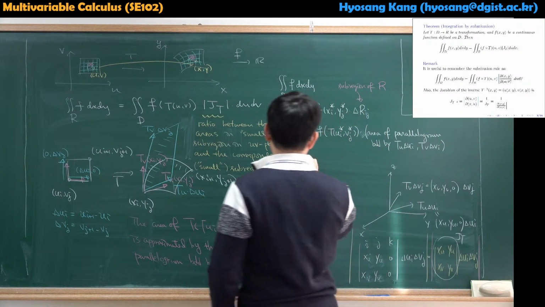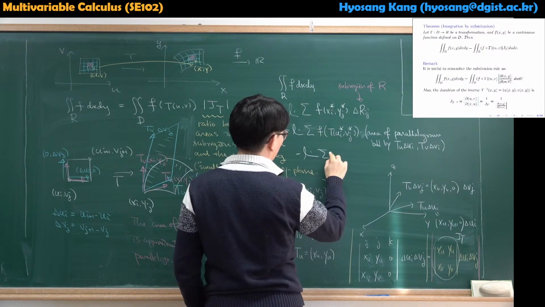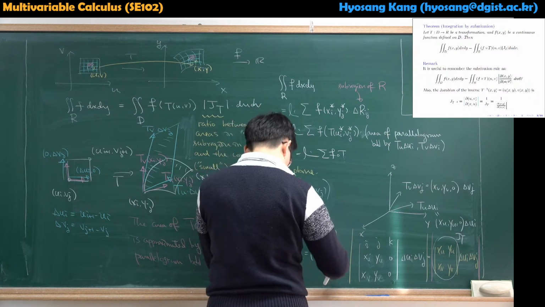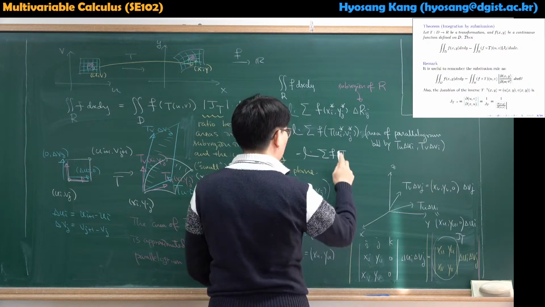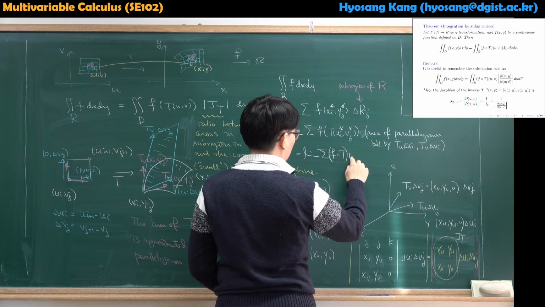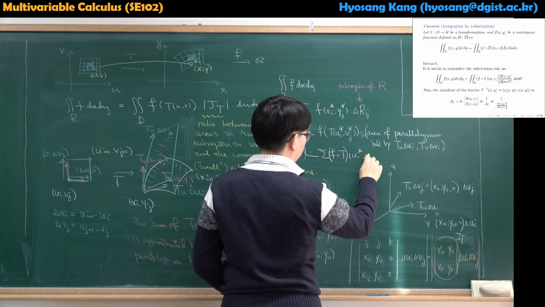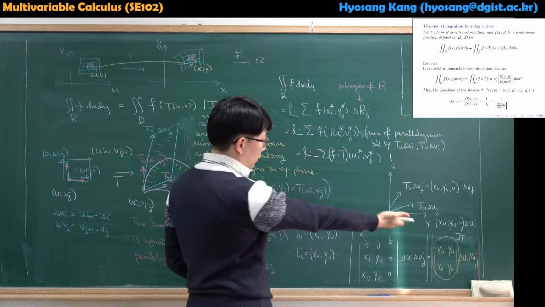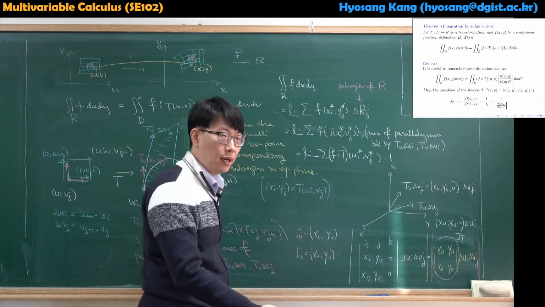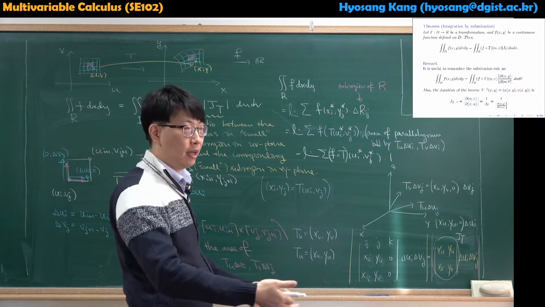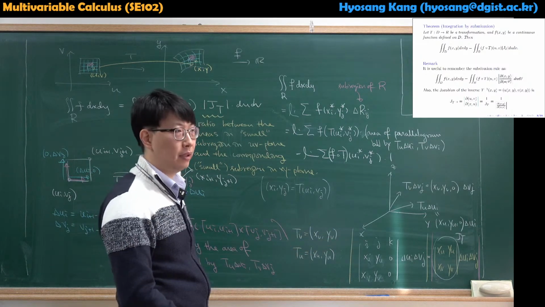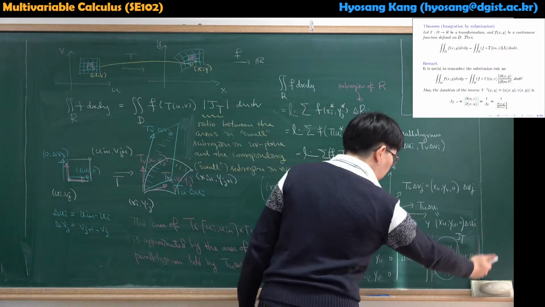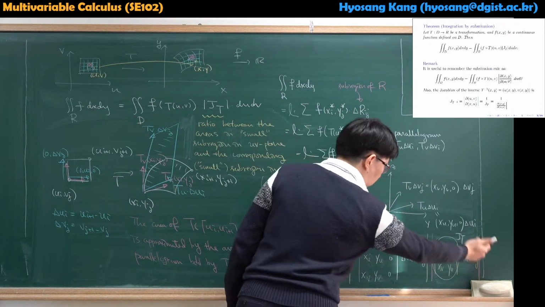So this becomes the limit of the sum of f composite T of ui star, vj star, times, now, when I multiply these, I need area. I don't need the plus or minus sign of the vector, so I just take the absolute value around it.